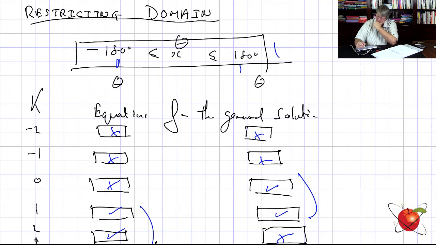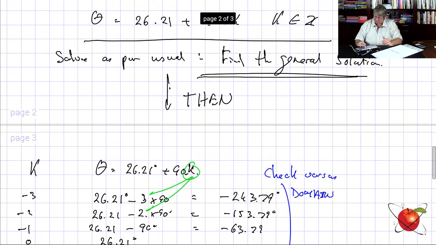Okay, keep it in blue. So what did they say? They said any angle, theta, x, whichever, any angle that lies between minus 180 and plus 180 is acceptable. Anything outside of there is not. So we find angles that are between minus 180 and 180 degrees.